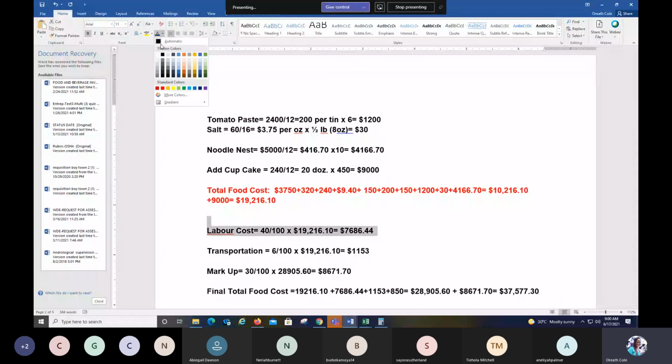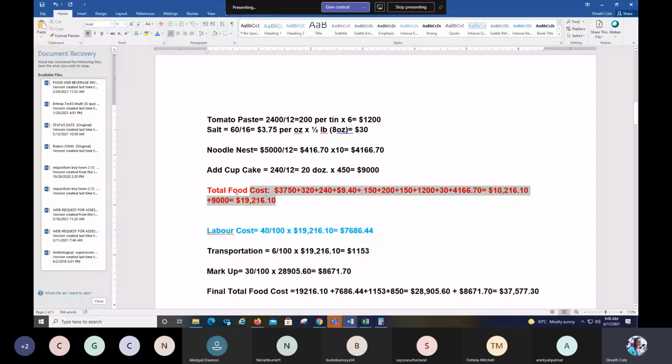So the labor cost is 40% of the food cost, and there's your figure. That means $7,686.44 will be taken out to pay the labor and the other overheads, like your light, your water, whatever it is. So 40% of your total food cost would be for labor slash overhead.